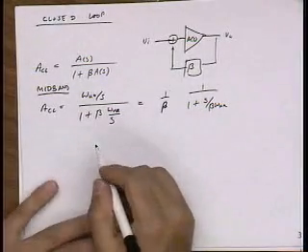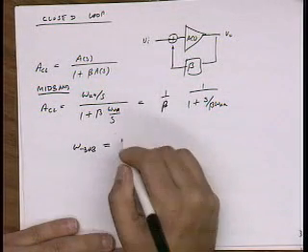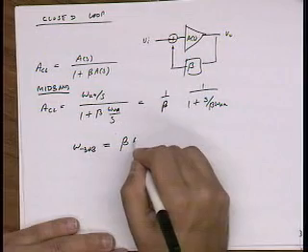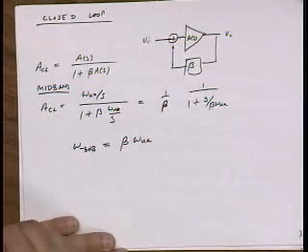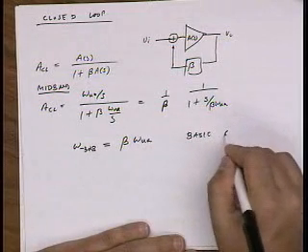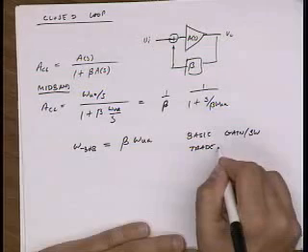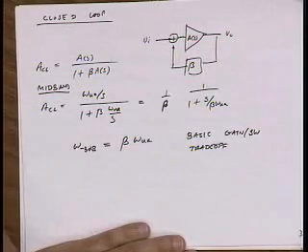And so the 3 dB frequency of the closed loop amplifier is beta times omega UA. And of course, this is the basic gain bandwidth trade-off that we're familiar with. Okay.